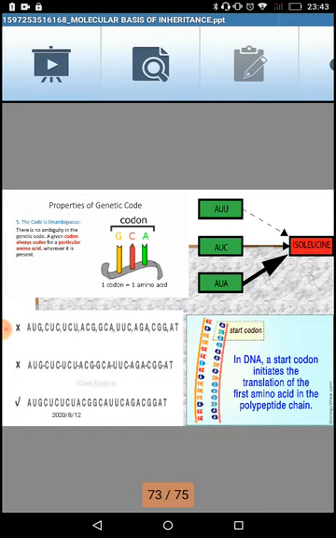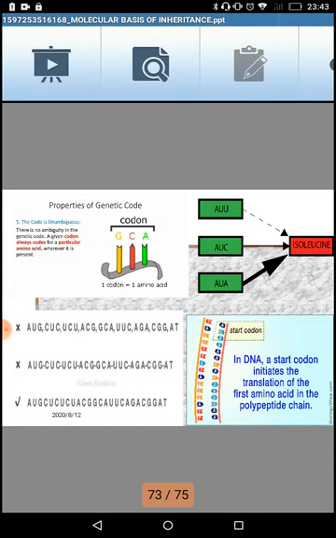Second one, it says that some amino acids are coded by more than one codon, and this gives the property called degenerative nature. For that you can see the second figure. AUU is one codon, AUC is another codon, and AUA is the third codon. All these three codons code only one amino acid, that is isoleucine.